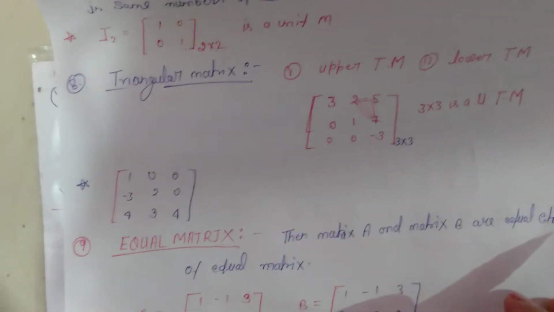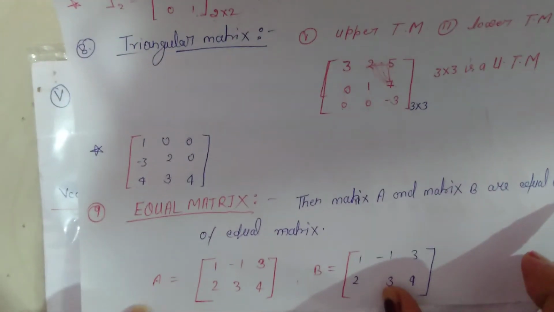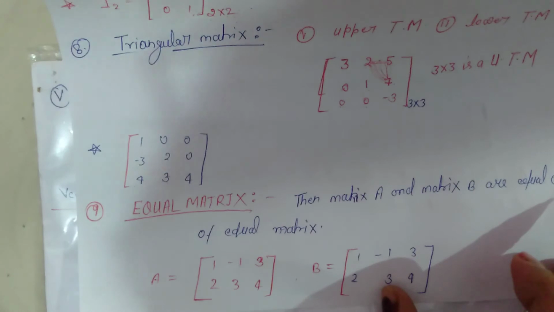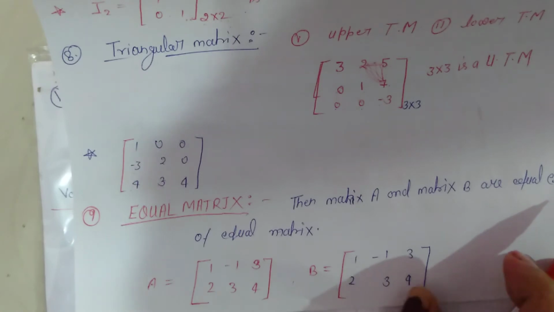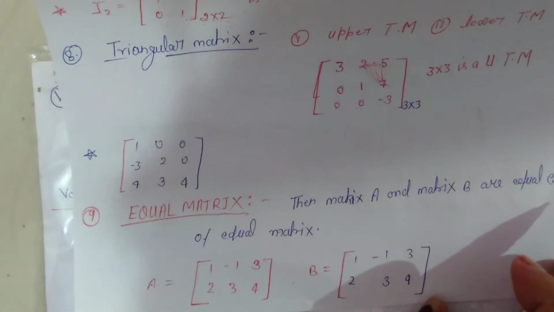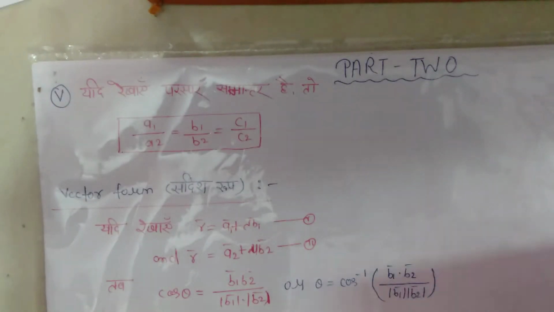With an example, A equals 1, minus 1, 3, 2, 3, 4, a 2 cross 2 matrix, and B equals the same 2 cross 2 matrix 1, minus 1, 3, 2, 3, 4. So A and B are equal. Okay, and transpose of a matrix, what is the transpose of a matrix?